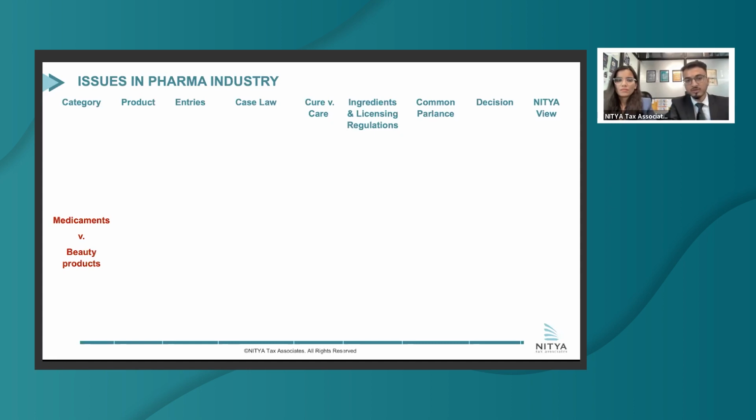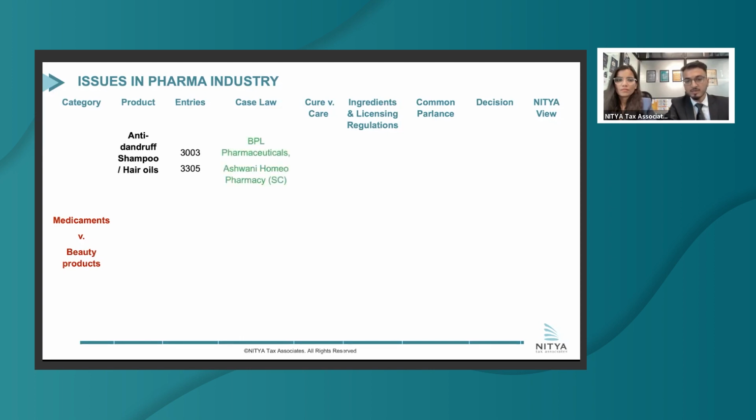So starting with the first set of disputes, that is medicament versus beauty product. For the classification of products like anti-dandruff shampoos and hair oils, the relevant competing entries will be 3003, which provides for medicaments, and 3305, which covers beauty care products.